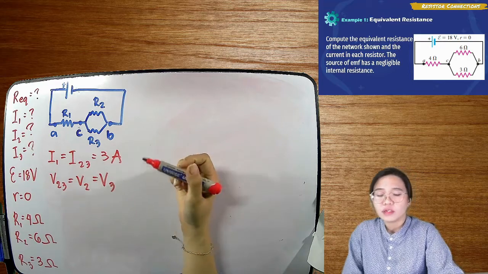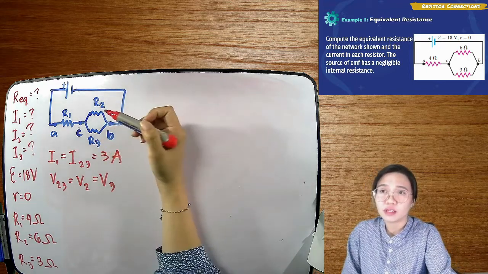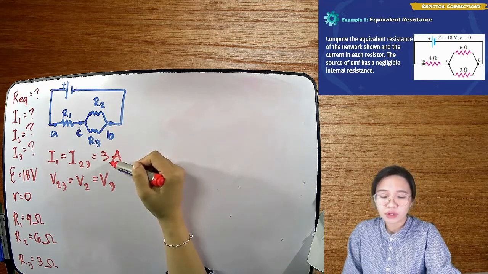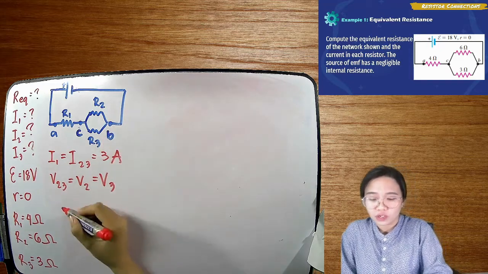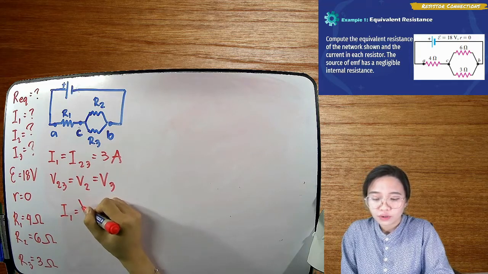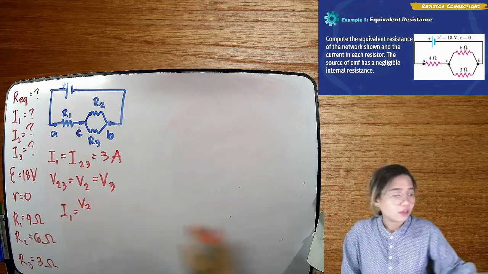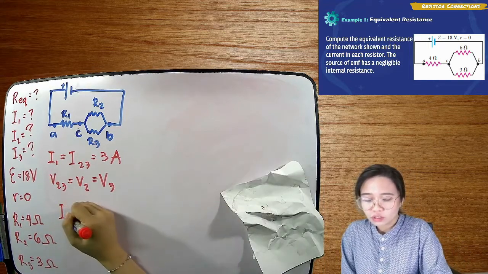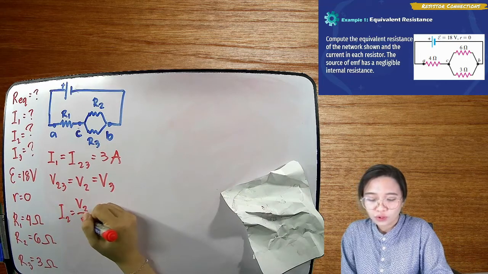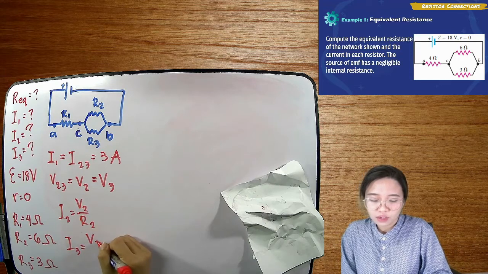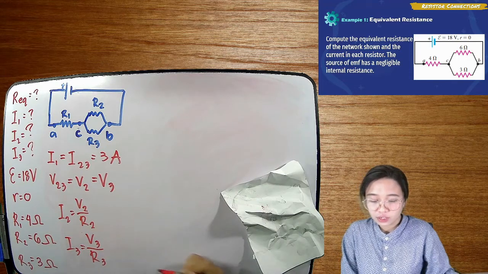Now, the current is being divided in your R2 and your R3. So your 3 amperes is divided to your R2 and your R3. So we have here your I2 is equal to your V2 over your R2, and your I3 is equal to your V3 over your R3.